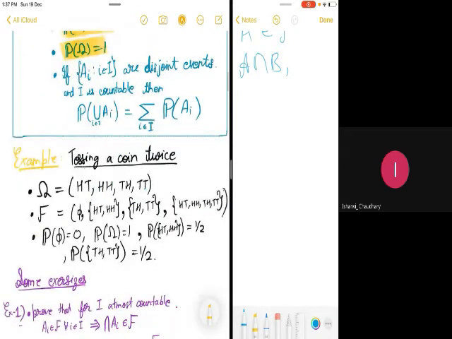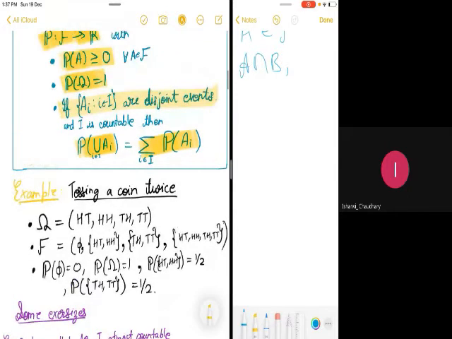And if we have disjoint events A_i, where I is again countable, then the probability of their union is just the sum of the individual probabilities. When we say a set is countable, we mean that it is finite or countably infinite.